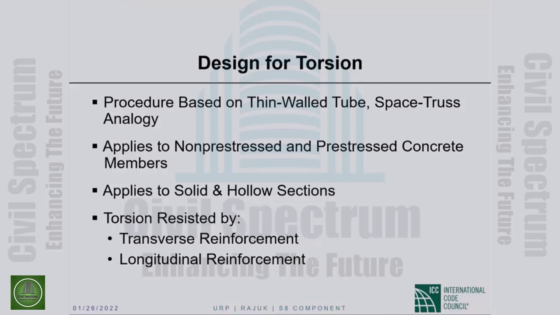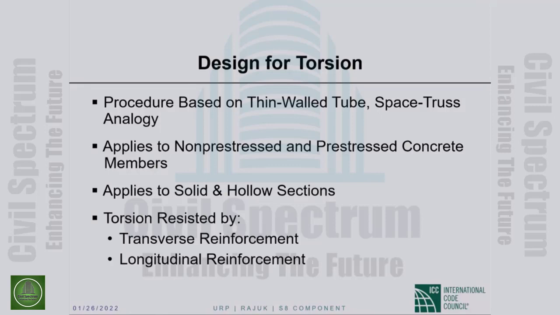It applies to solid and hollow sections, and the method adopted by ACI assumes that torsion is resisted by transverse reinforcement and by longitudinal reinforcement, additional longitudinal reinforcement that we add for torsion.